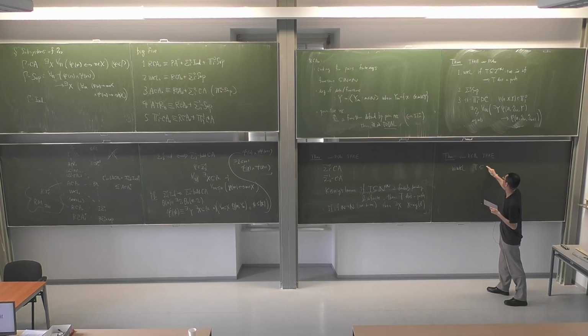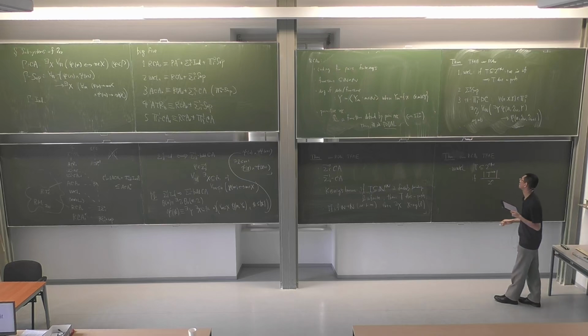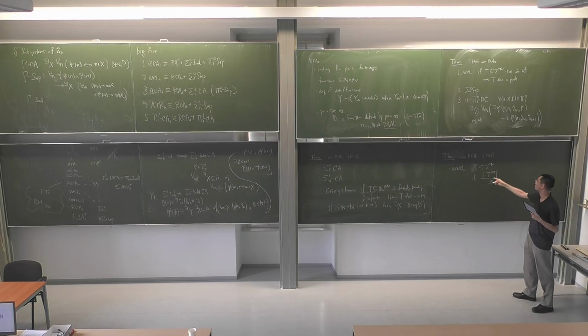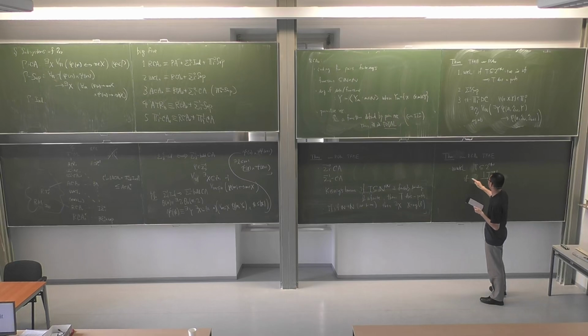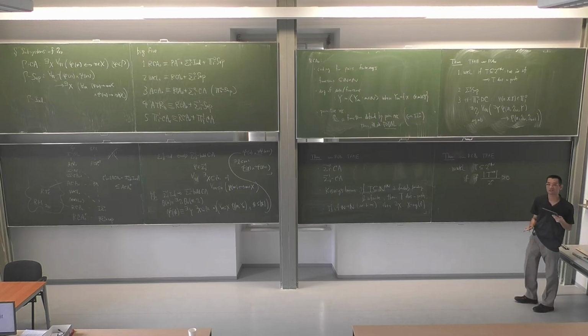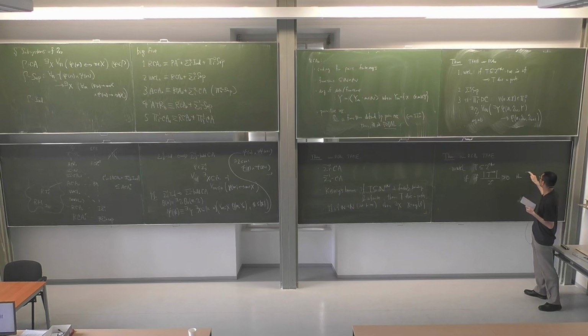given a tree T on Cantor space, if the number of members of T of length n, divided by 2 to the n, I want to write inf for limit or something, the inf of this is positive, then T has a path.